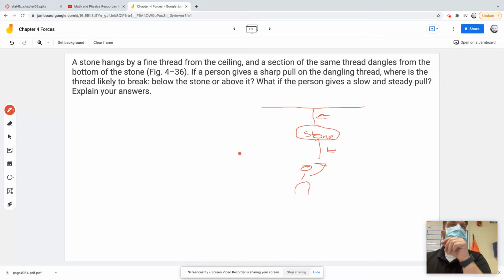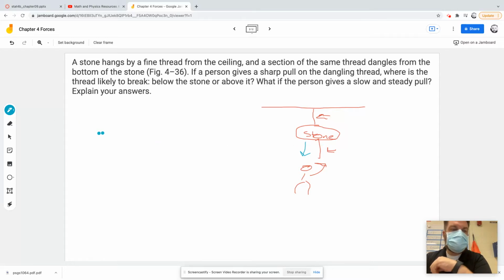So when a large sudden force is applied to the bottom, the string will have tension on it, okay? So let's label some of these things. So the bottom of the string will have tension, right? And so the bottom string would probably break first, right?